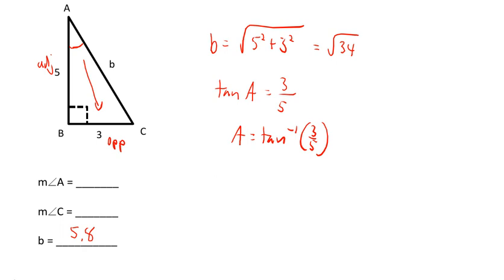Right, it's 30.9, but I will honor the idea of you can round or truncate, so you could say 30 or 31. But if you say 31, then you've got to say 59 down here, right? Because your two acute angles have to add up to 90 degrees. So 90 minus 31. If you call this top one 30, then you better call angle C 60.